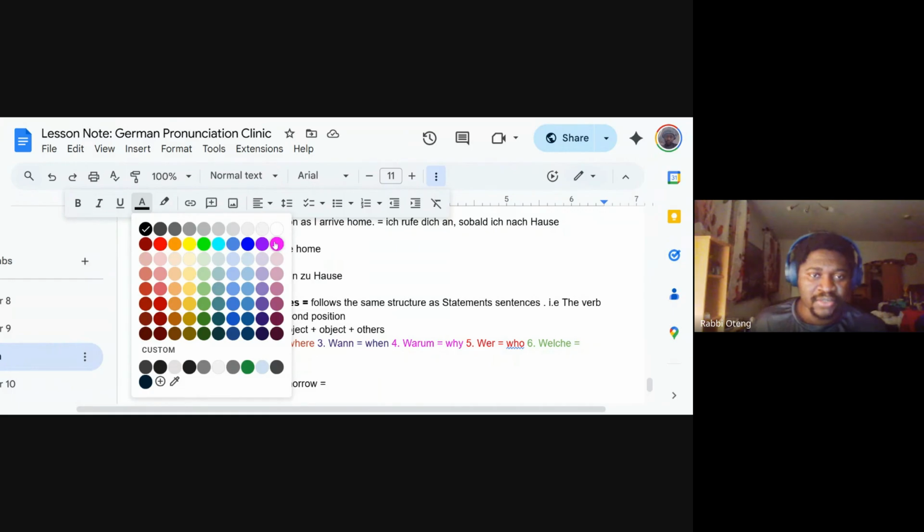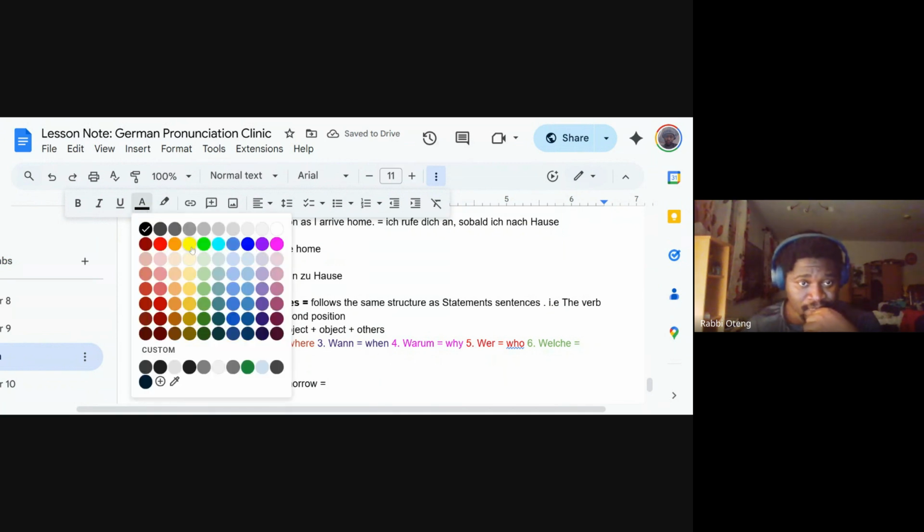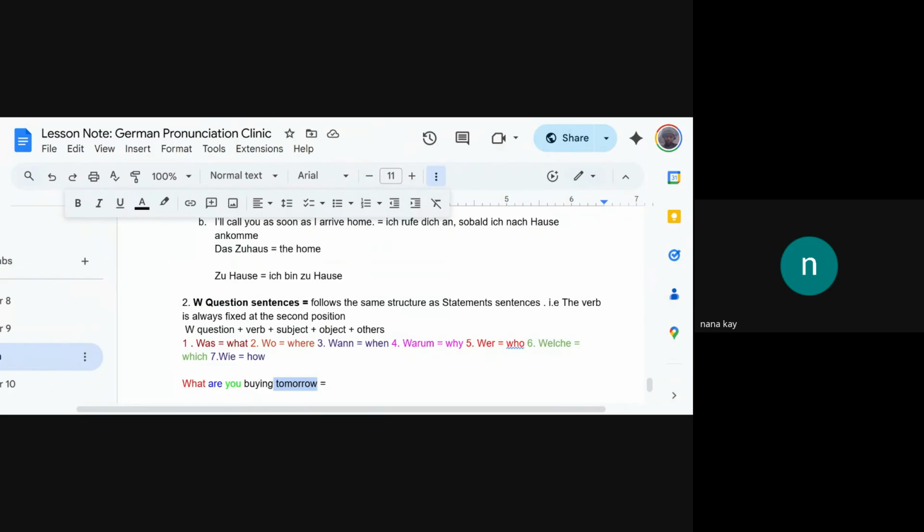The verb is kaufen. Then the subject. And buying is the main verb in English, but then there's the helping verb.